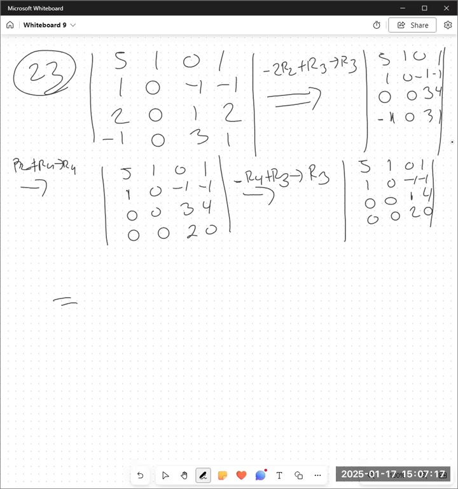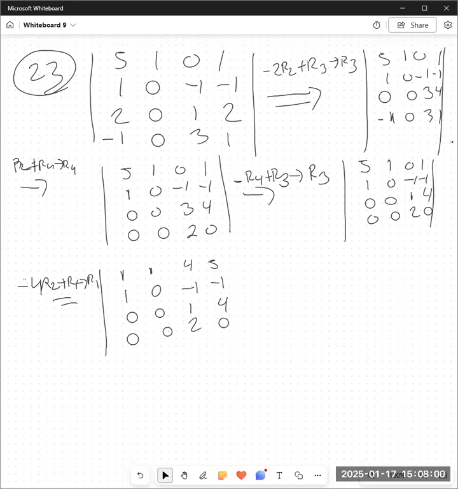Give me a second to deal with that. Let's see, -4 row 2 plus row 1 to give me a new row 1 first. And give me 1 1 4 5. Then I've got 1 0 -1 -1, 0 0 1 4, 0 0 2 0.